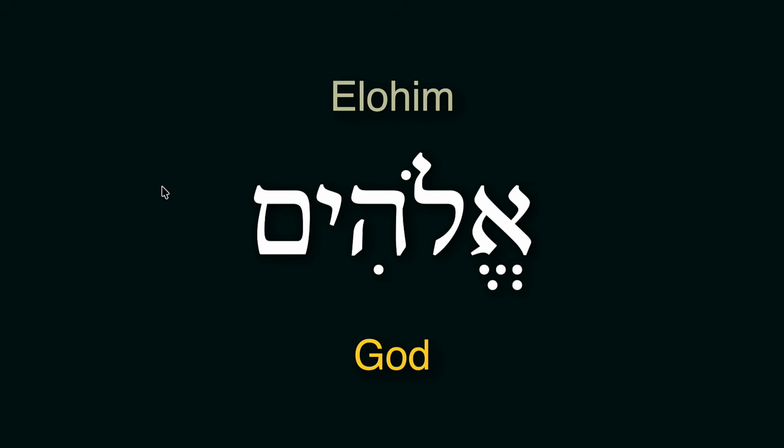But then YHWH occurs 6,828 times, and the first two digits are 68, which reversed is 86, the gematria value of Elohim. So there's a bit of an exchange there. You might ask, what about 28 in the 6,828? Well, I don't know. This is not math. These are not strict rules. I'm just trying to show you some observation. So those are the two names, Hashem and Elohim.